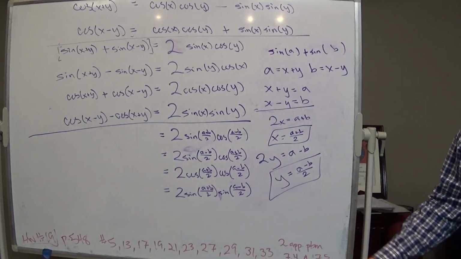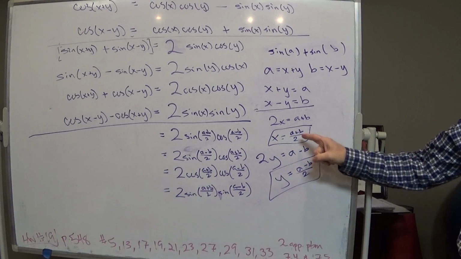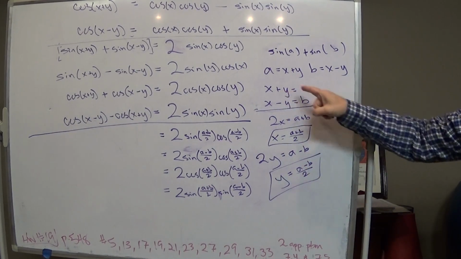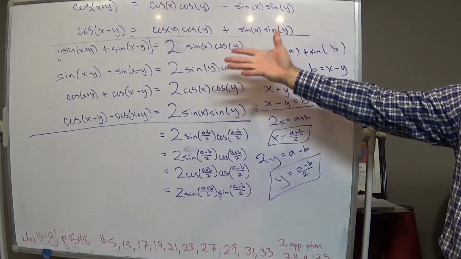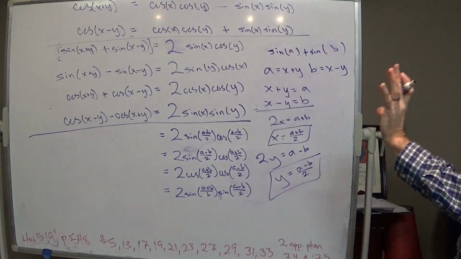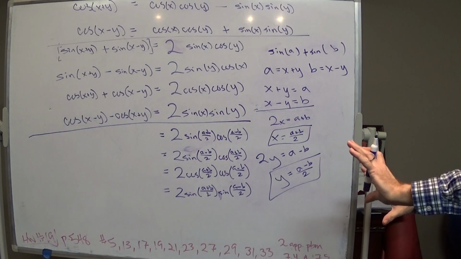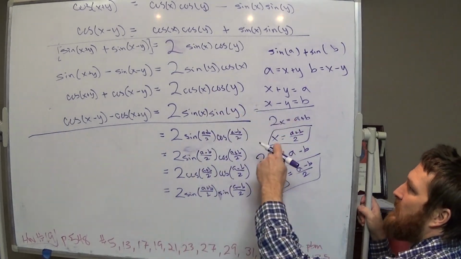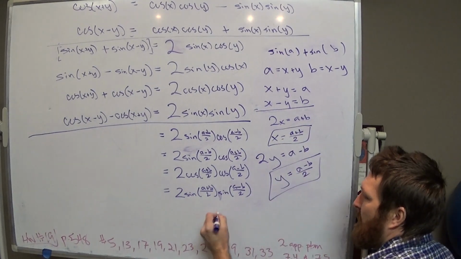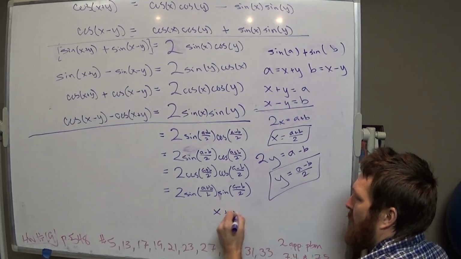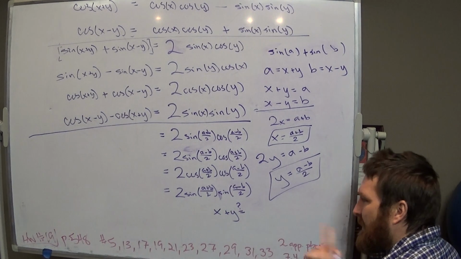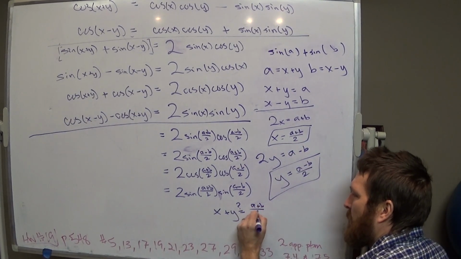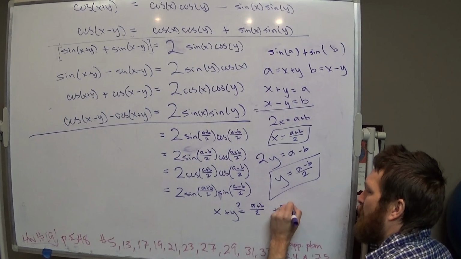Now, the left-hand side's super easy because how did we start with all this? x plus y is simply a, right? That's why we did this in the first place. But I just want to double check here. Is it the case that x plus y is equal to a plus b over 2 plus a minus b over 2?